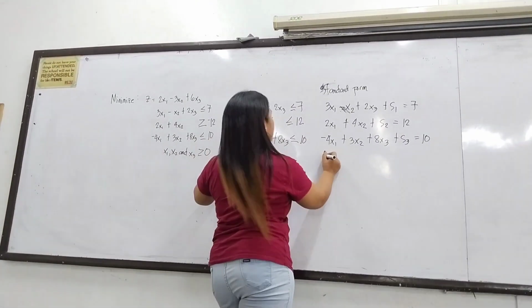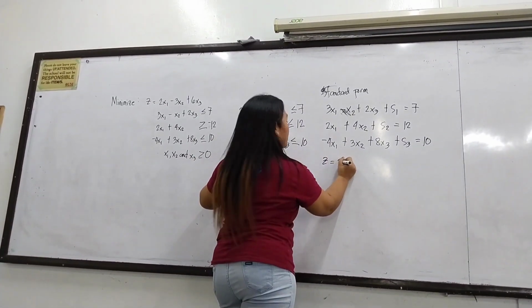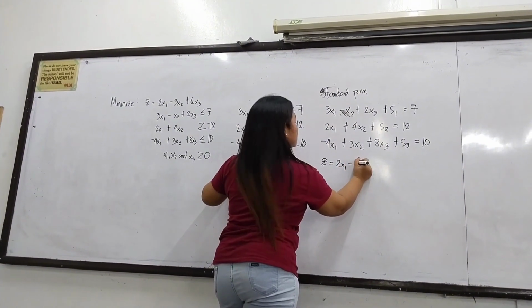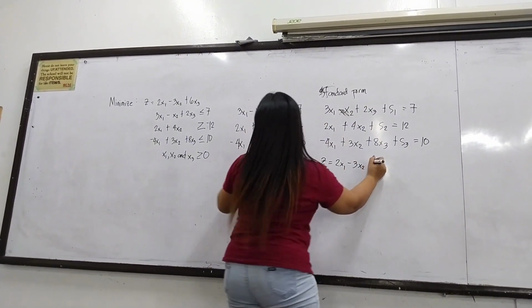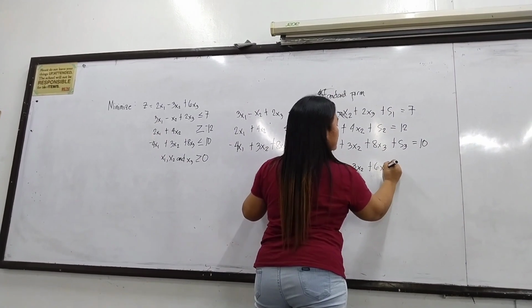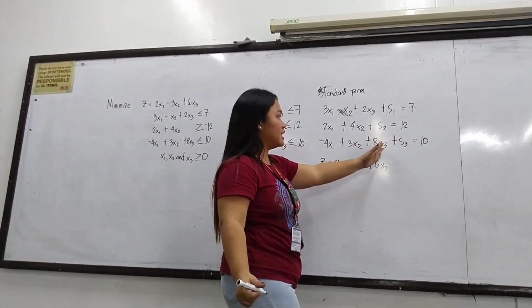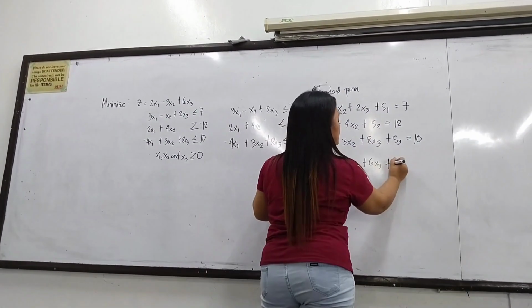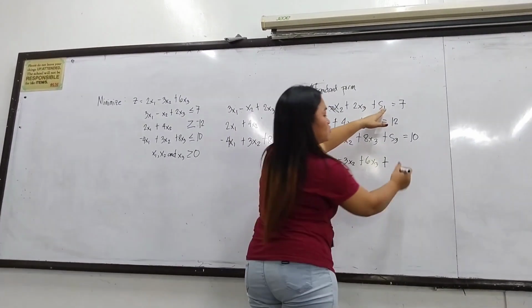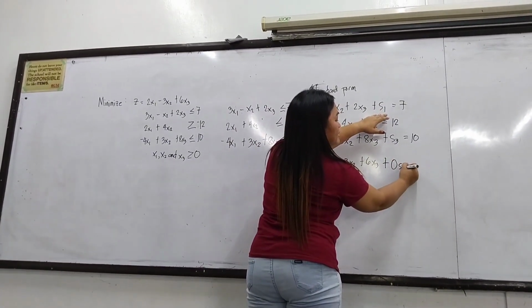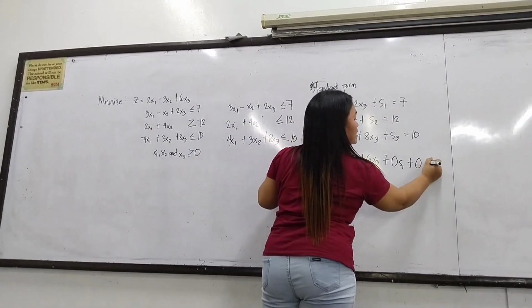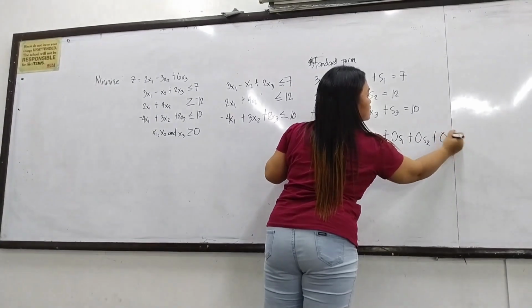So our loss here is z equals 2x1 minus 3x2 plus 6x3. So we need to add our slack variable here. Plus the slack variables, so we add 0s1 plus 0s2 plus 0s3.